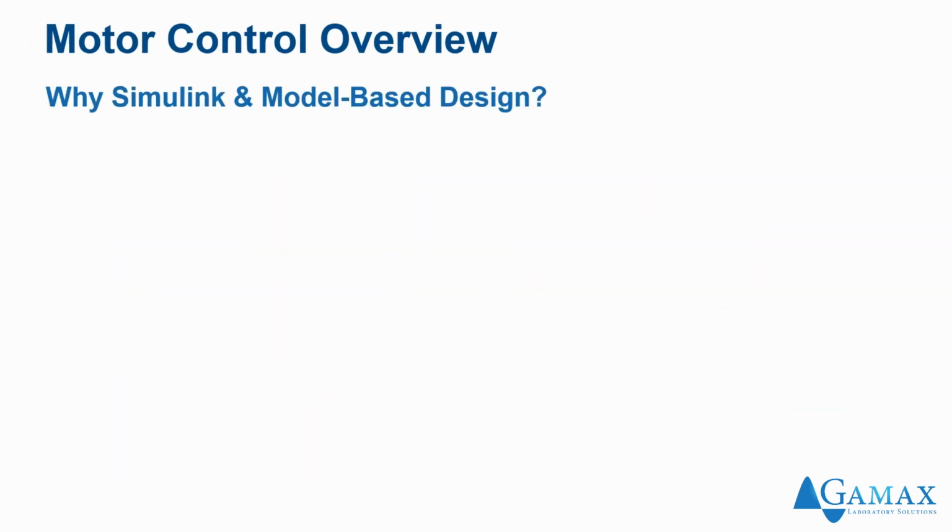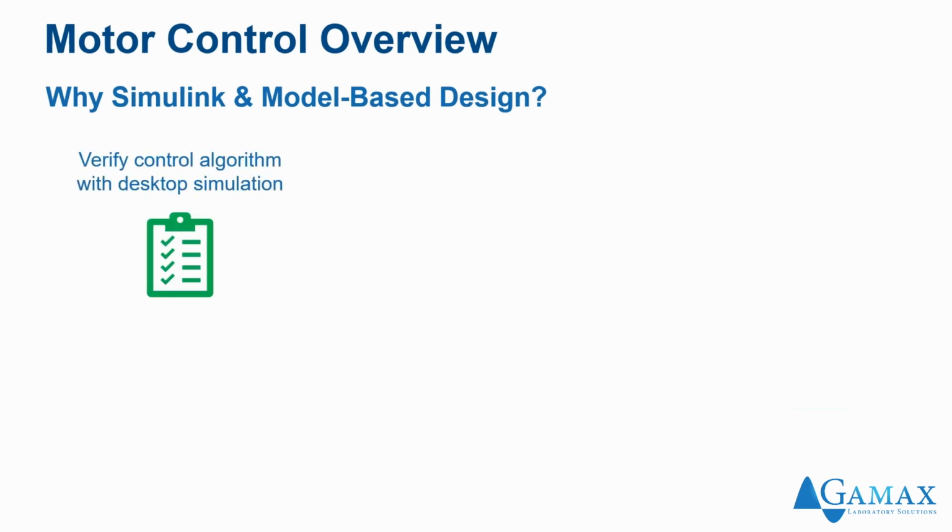Simulink and model-based design can help and accelerate our workflow for developing embedded motor control algorithms. We can quickly put together a control system and start testing and verifying it in closed-loop desktop simulation. This can be done even before the motor hardware is available.